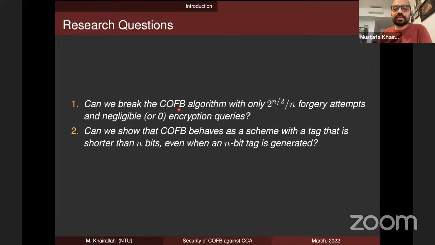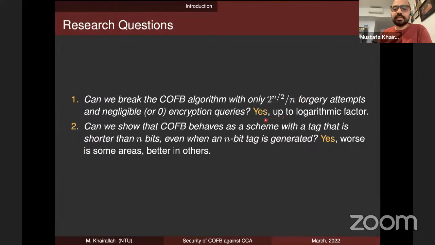First, can we break COFB with this many forgeries, the 2 to the n over 2 over n, which is claimed by the designer, without any encryption queries? And can we show that COFB, because it has this linear bound, behaves like a scheme with a shorter tag? The answer to both questions is yes, but with some caveats.